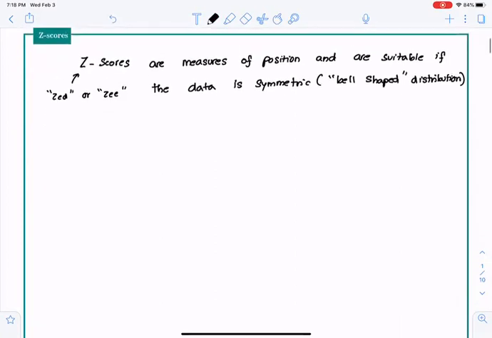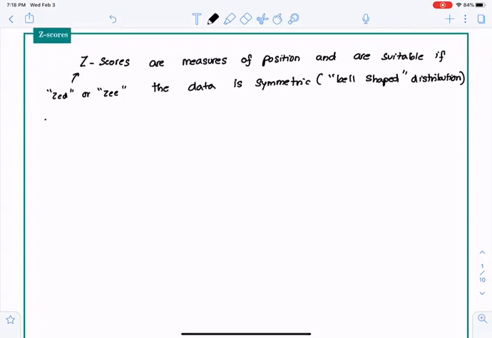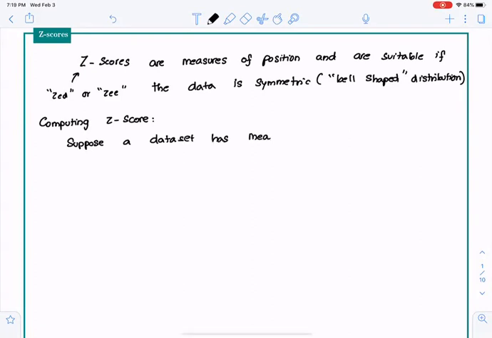First, how do we compute a z-score? Suppose a data set has mean x bar and a standard deviation of s.